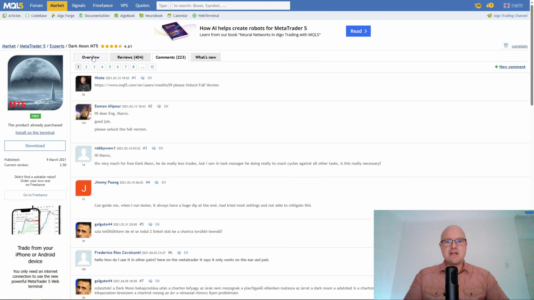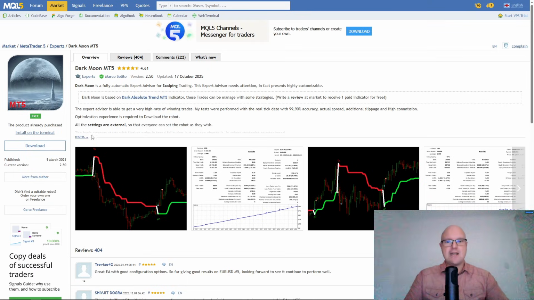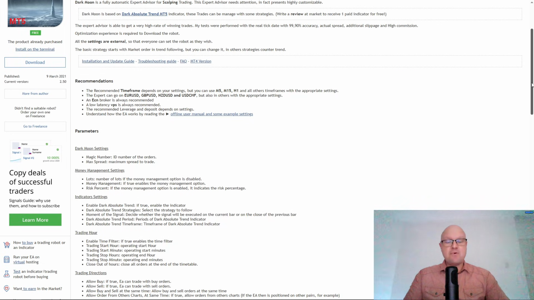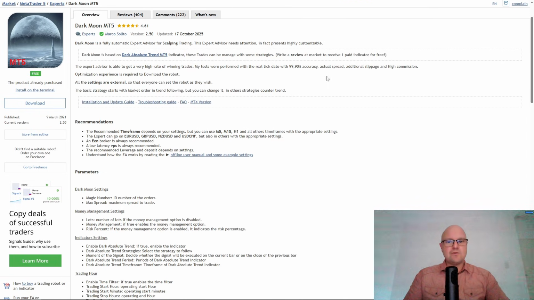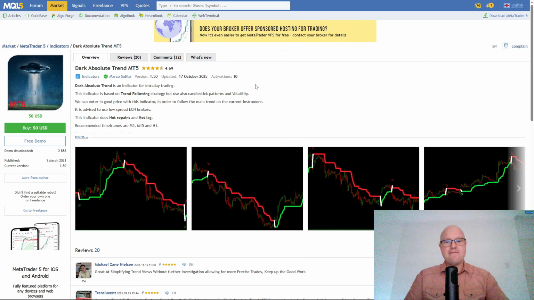Now, the entry signals for the strategy is based on the Dark Absolute Trend Indicator, which, as I previously saw, does generate some good signals. And it's also important to look at the time frames, which includes the 5-minute, 15-minute, or the hourly for day trading.